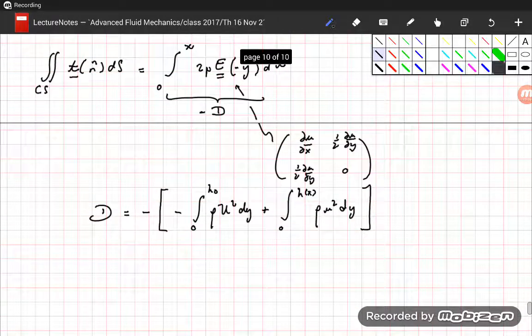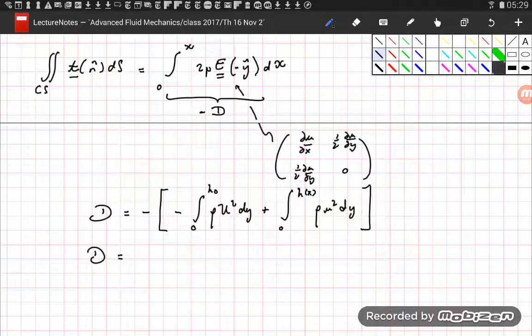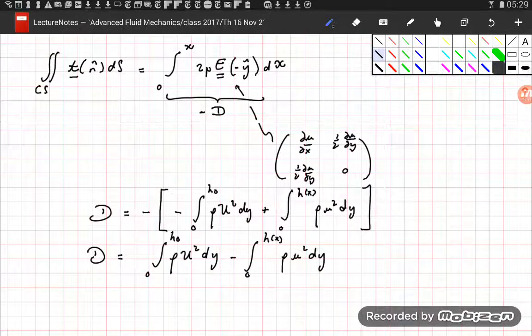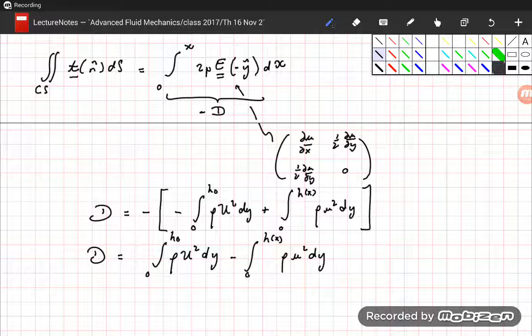And now getting rid of this minus sign, we get D equal to this.